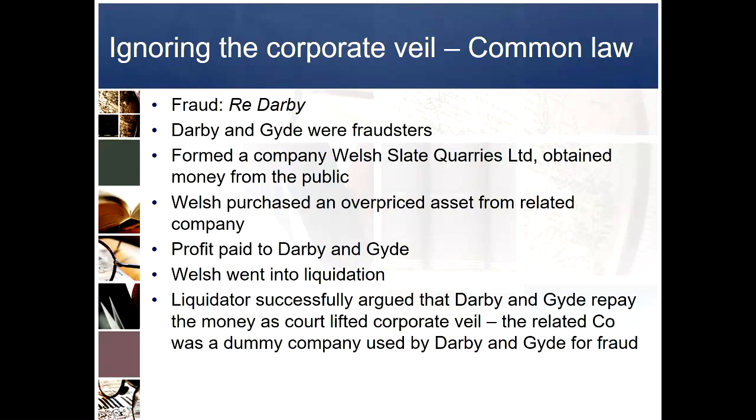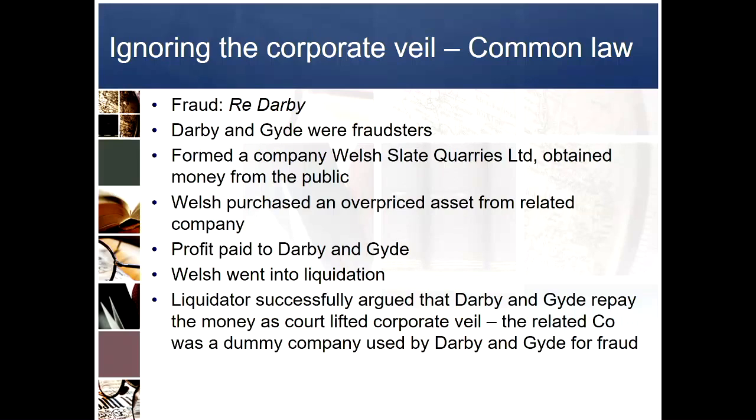So they paid money into the company, and in return, just members of the public became shareholders. So what was the issue in this case was that Derby and Guide had their own company and they had a license to quarry. So it was an asset.